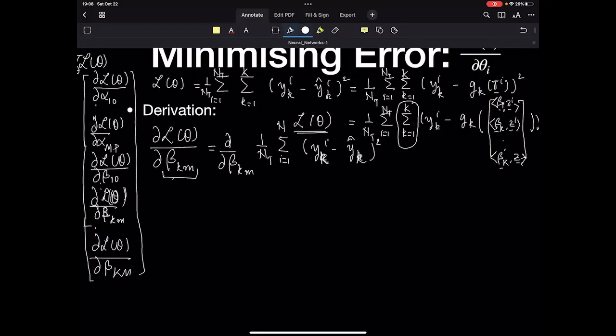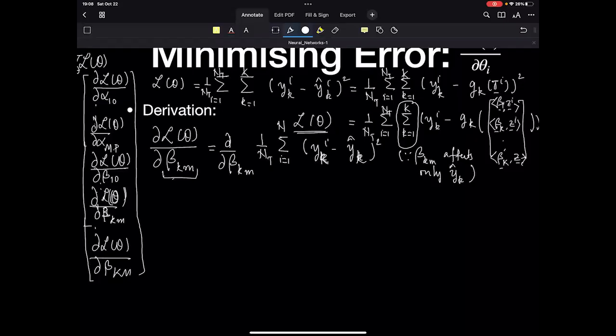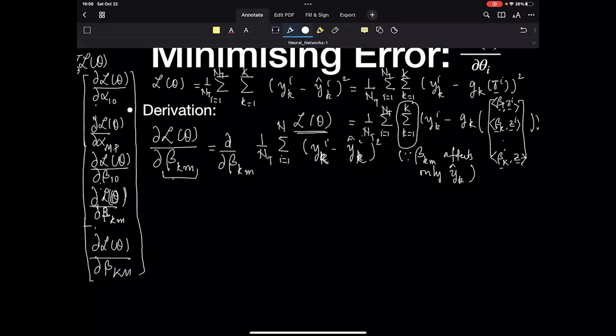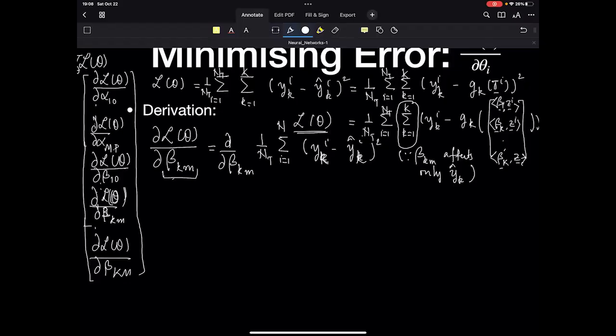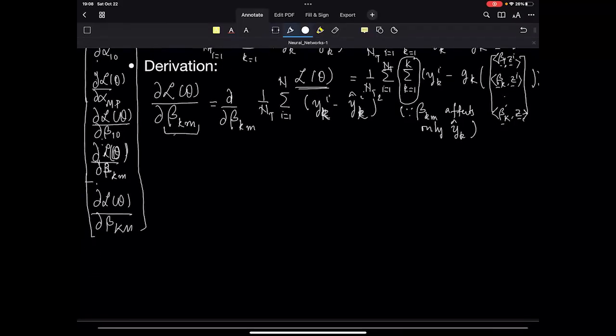And this is since beta km affects only yk hat. Okay, is this clear what I am saying? Yes, sir. Okay, now it's simple differentiation.